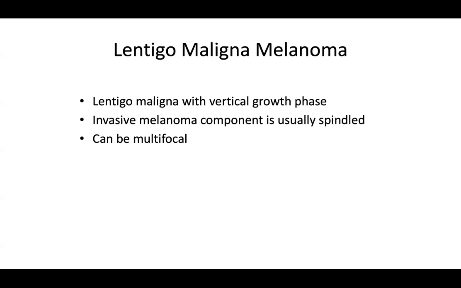That being said, you can have lentigo maligna on top, and then just one or two nests in the dermis that are cleanly separated from any rete ridges, and that would need to be diagnosed as invasive, usually just to err on the side of caution to make sure that you're not under-interpreting lentigo maligna melanoma. It can be multifocal depending on the sectioning and the biopsy technique.